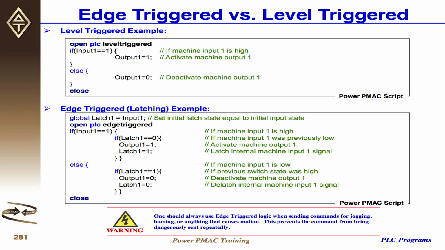And then we look for transitions in state and only act on the transition in state instead of looking at the level of the state. So here we create this global variable called latch1, and then you initialize the latch to store the initial value of input 1. And here we're saying input 1 is just some digital I/O point.